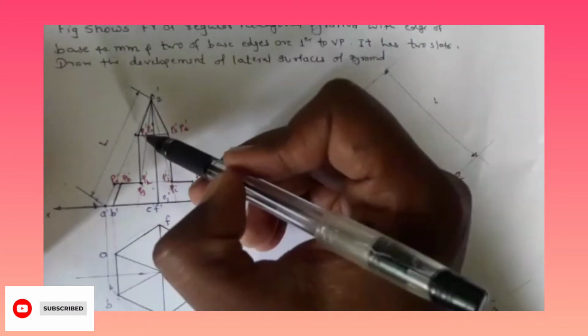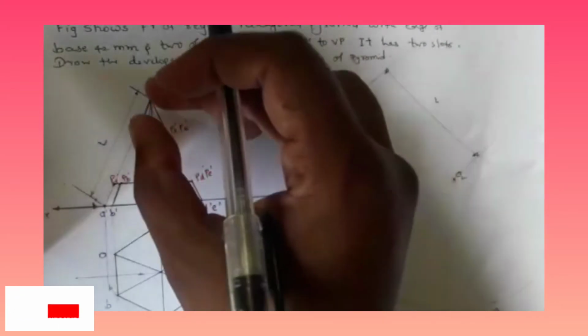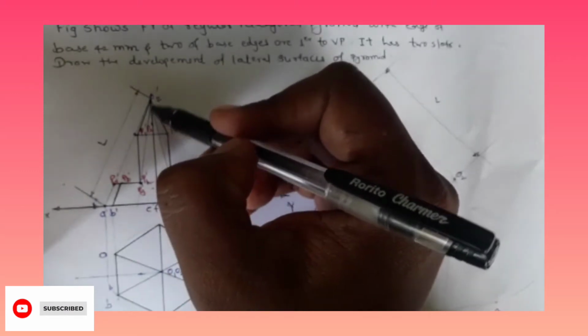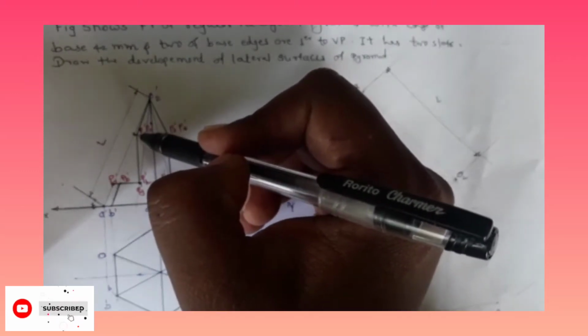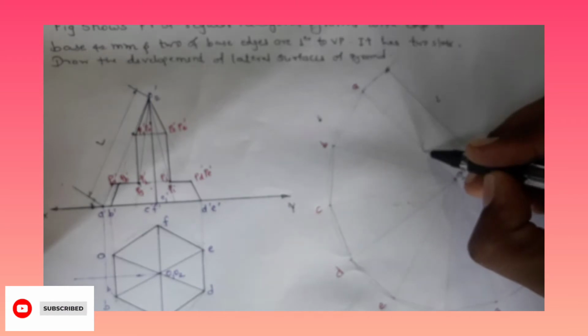Now this P1, P2, P3, P4, all these points we have projected here, so we have to take these distances. First take the distance P1 dash, the cutting points we are obtaining on the O2 A dash. Take this distance in your compass, and then mark here.